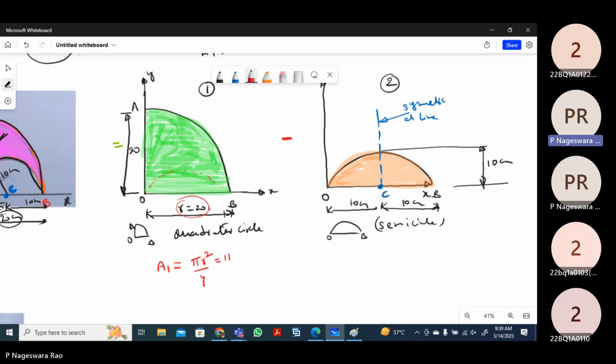So you can write pi by 4 times 20 squared, since the radius of this quarter circle is 20. The quarter circle radius is different from the semicircular radius. The sign of A1 is positive by default. You will get some value; I am not calculating here.